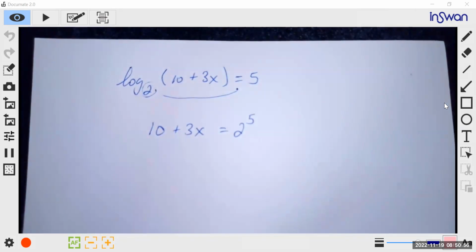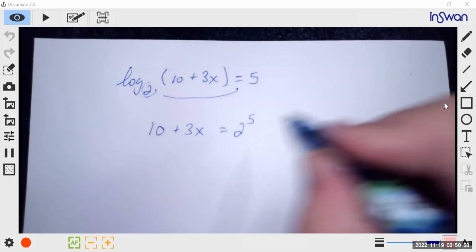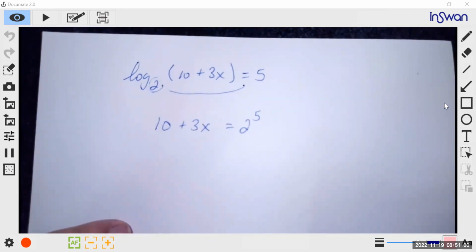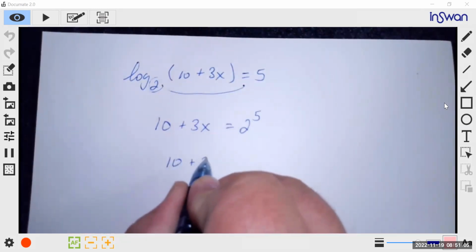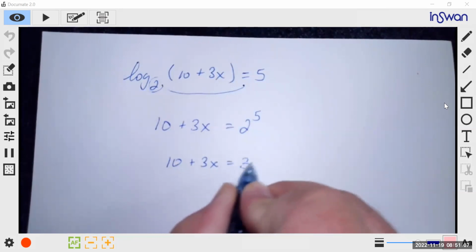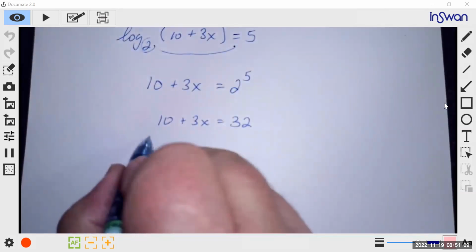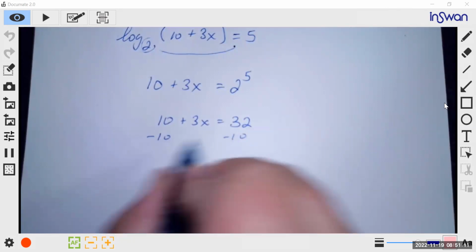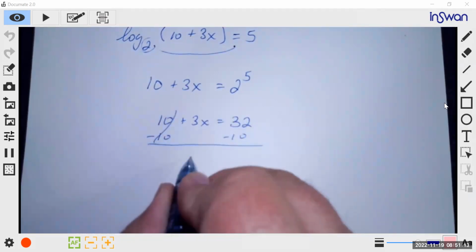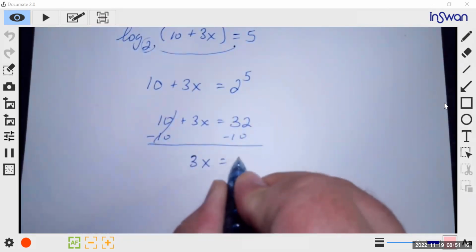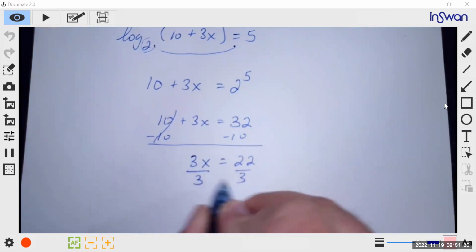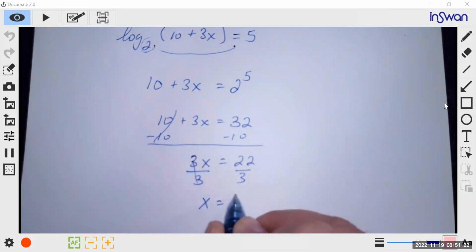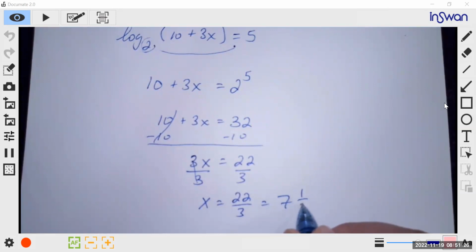It has to say the base. 2 to the 5th: 2 times 2 is 4, times 2 is 8, times 2 is 16, times 2 is 32. Solve for x. 3x equals 22. Divide by 3. x equals 22 over 3, or 7 1/3.